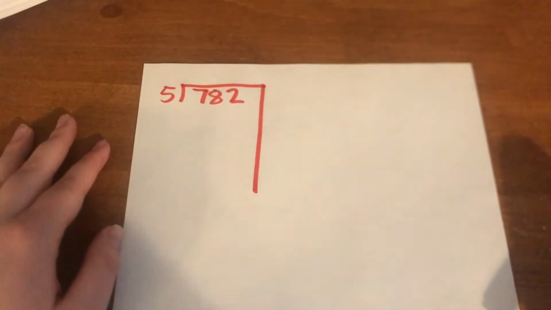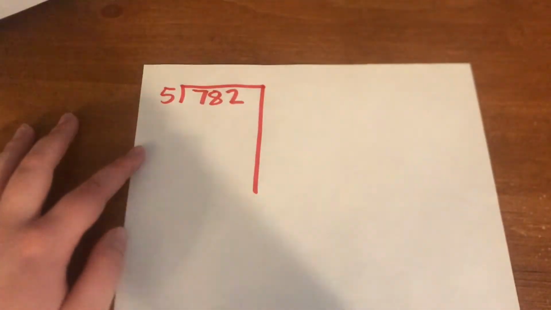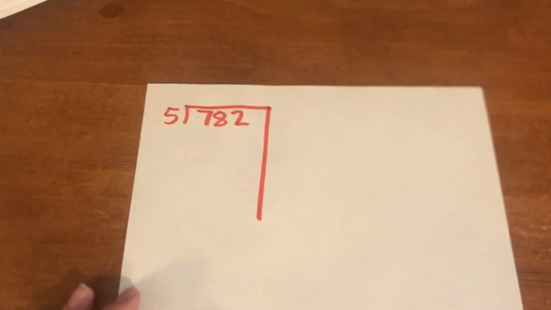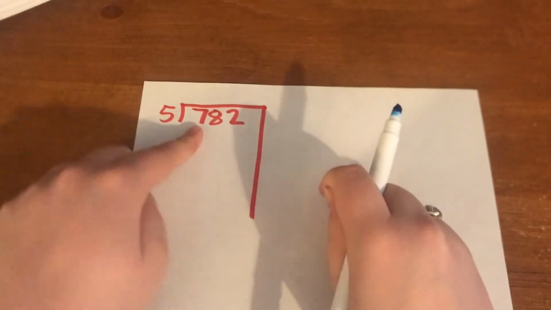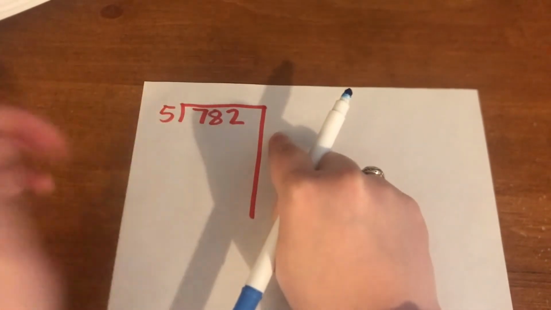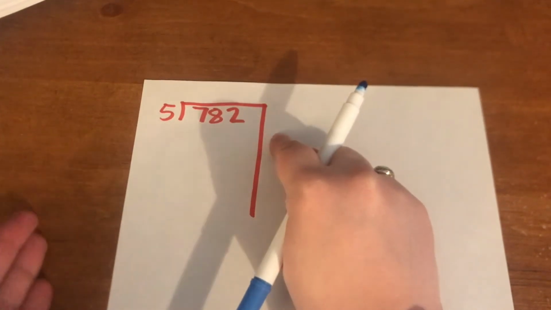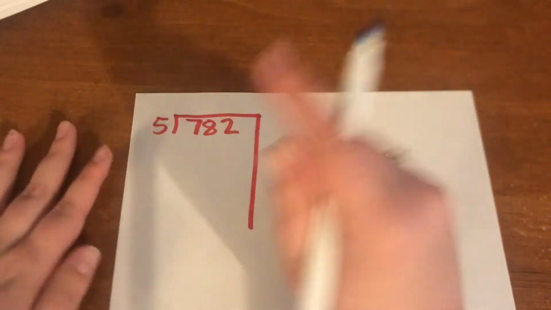So the next problem that I'm going to do is 782 divided by 5. So I'm trying to see how many groups of 5 fit into 782. Now, because I have a number in the hundreds place, if I just started off with 5 times 10, I would only be taking away 5 tens instead of 5 hundreds.